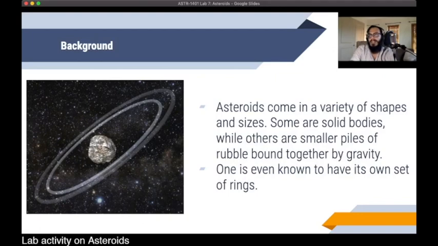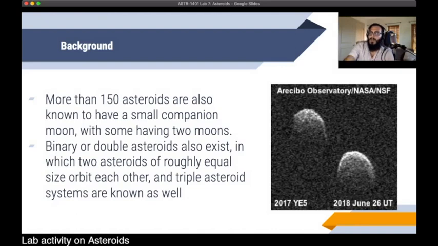Asteroids come in a variety of shapes and sizes. Some are solid bodies, while others are small piles of rubble bound together by gravity. One is even known to have its own set of rings. It's pretty cool. I had an opportunity to actually learn how to do observation from the guy that did the observation in this discovery. It's really neat. Now, there are more than 150 asteroids that are known to have a small companion moon, and some having two moons.